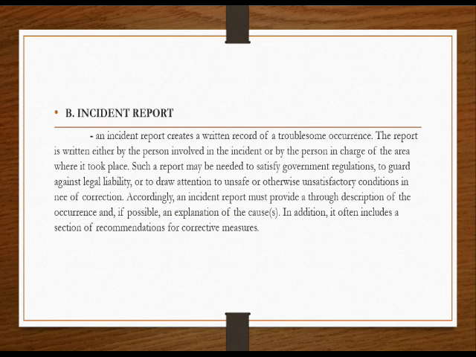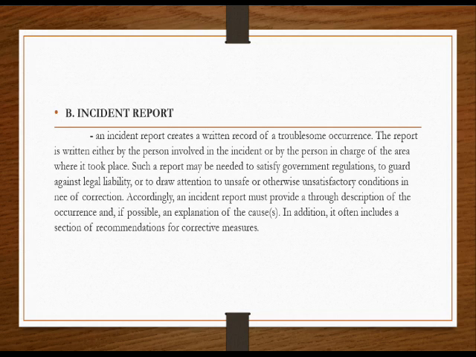Report. An incident report creates a written record of a troublesome occurrence. The report is written either by the person involved in the incident or by the person in charge of the area where it took place. Such a report may be needed to satisfy government regulations, to guard against legal liability, or to draw attention to an unsafe or otherwise unsatisfactory condition in need of correction.